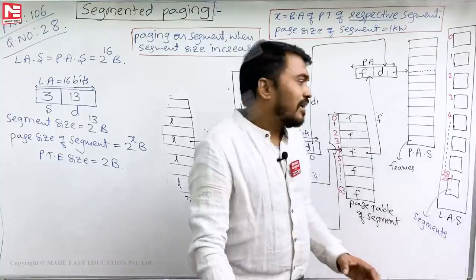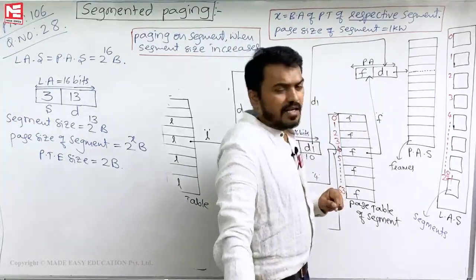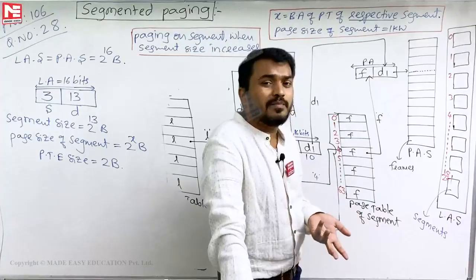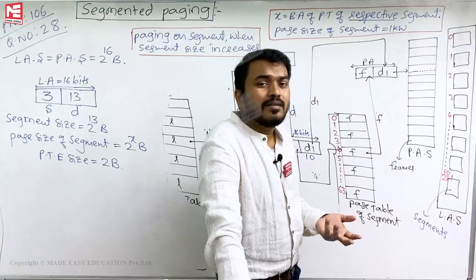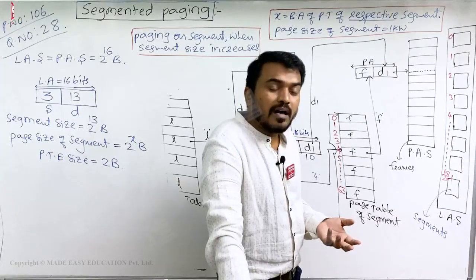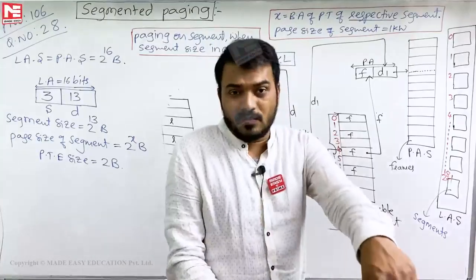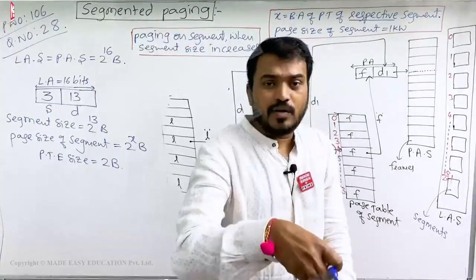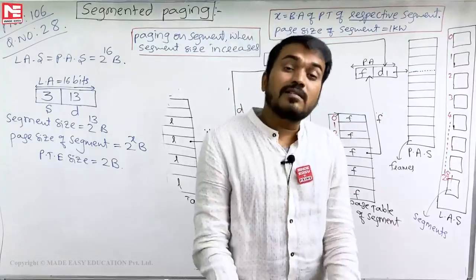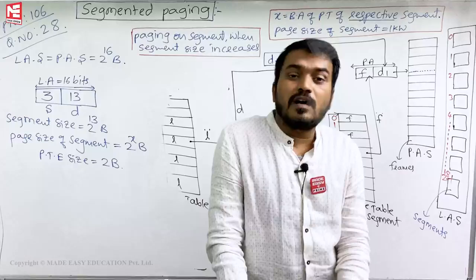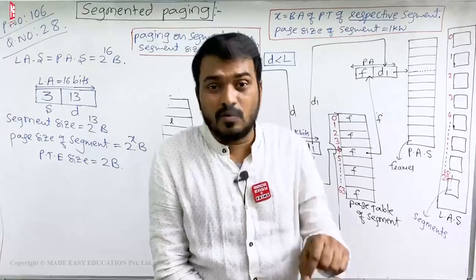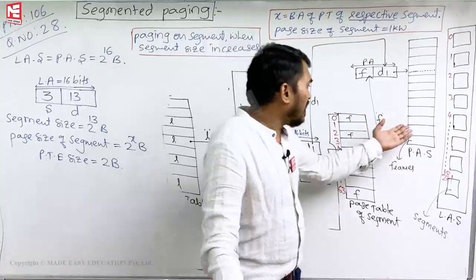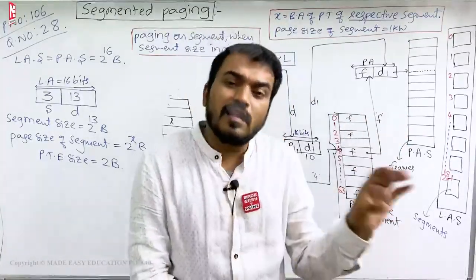Right. Tell me, if it wants to fit this entire page table exactly inside a frame, it should ask for the frame size, because there are frames, right? It should ask for the frame size, but it is asking the page size of segment. Why? Because both are the same. It is clearly there in the notes: page size of segment is the same as frame size of PAS. So whether it is asking the page size of segment or the frame size, it does not matter, because both are the same.